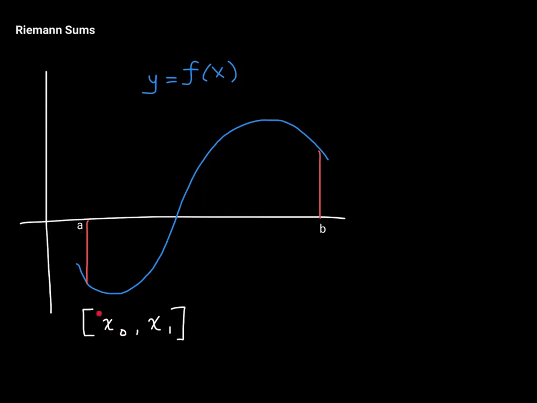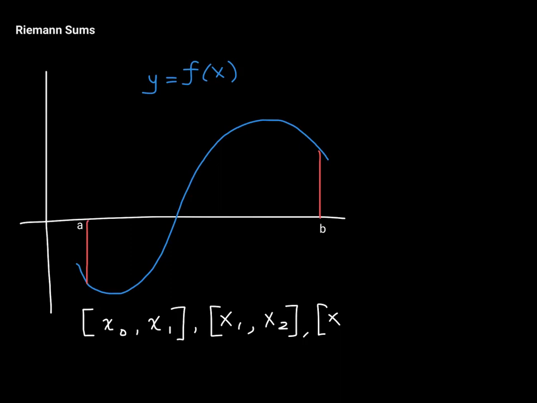Okay, that's my left endpoint, which is a. And x sub 1 is somewhere around here, some value greater than a. That's one subinterval. The next subinterval would be x sub 1, comma, x sub 2. Our next interval would be x sub 2, comma, x sub 3, etc.